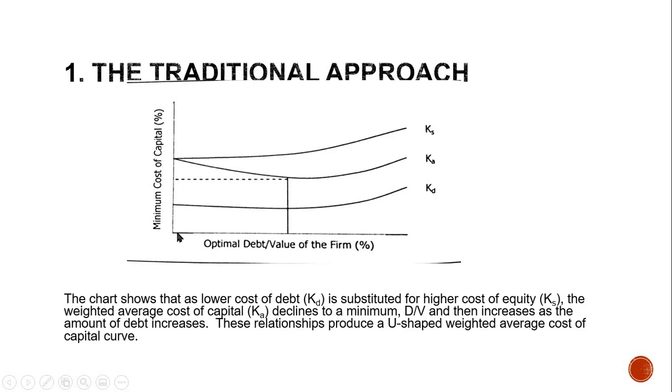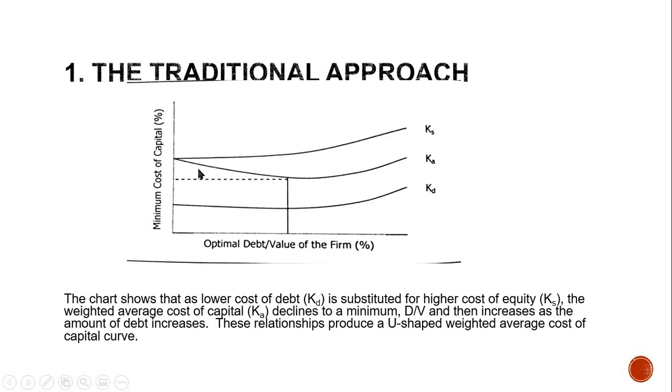And in the horizontal line naman, we have the optimal debt value of the firm. Okay? So we have three graphs here. First is the cost of equity, that's K sub S. K sub D is the cost of debt. And K sub E is the weighted average cost of capital.